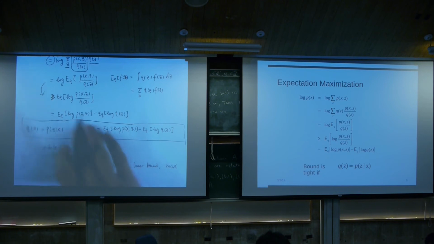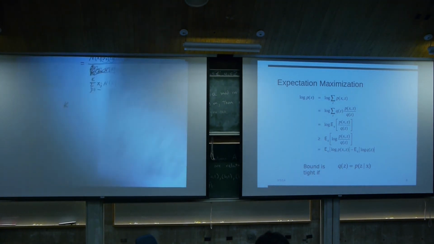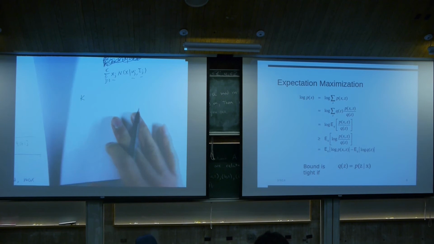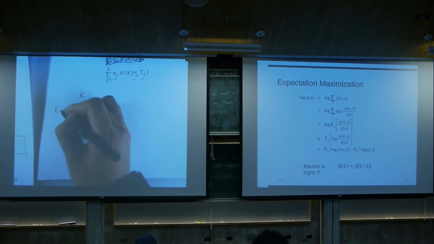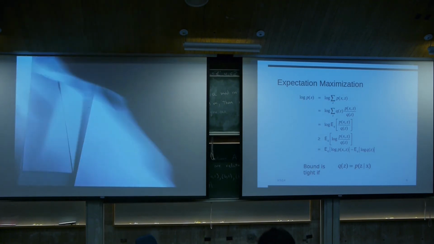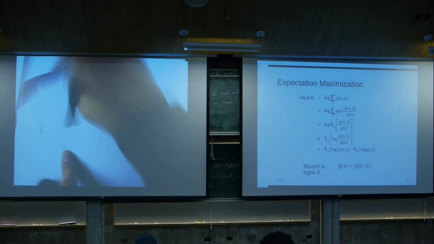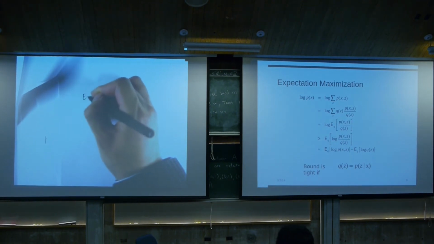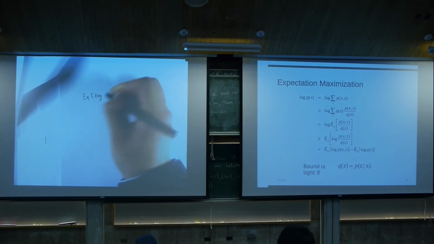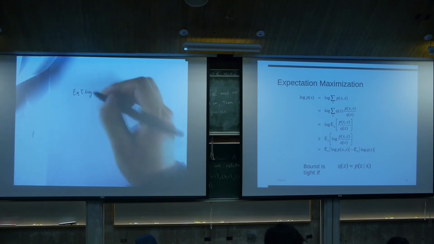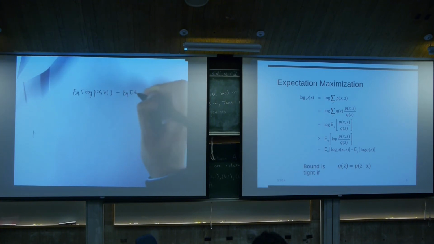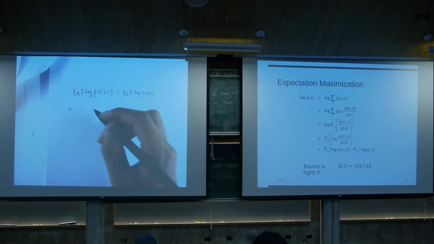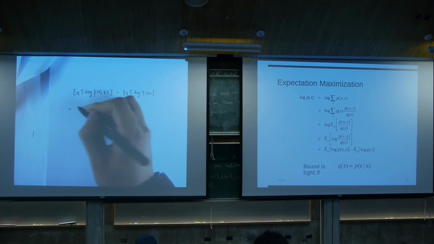Let's try it. So the lower bound is E_Q log P(X,Z) minus E_Q log Q(Z). So we plug Q equals P(Z given X) into this guy.